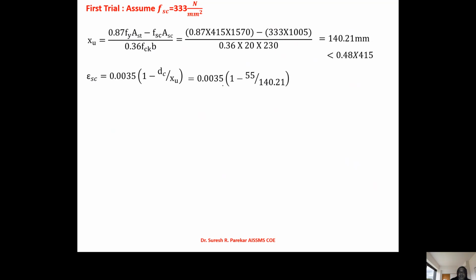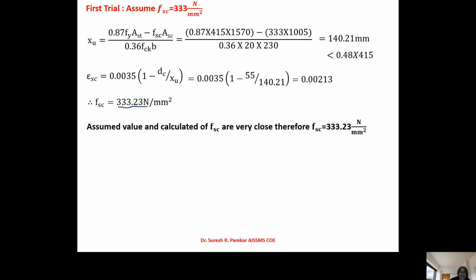By substituting this value of XU, we are going to get the value of epsilon SC. Now knowing it, we are going to find out the value of FSC. Same formula. Now this is 0.00213, and for 0.00215 we have the value 333.53 something. Calculating by interpolation, we will get 333.23 Newton per mm square. Now the assumed value and the calculated value are very close, and therefore we will take FSC as 333.23 Newton per mm square.